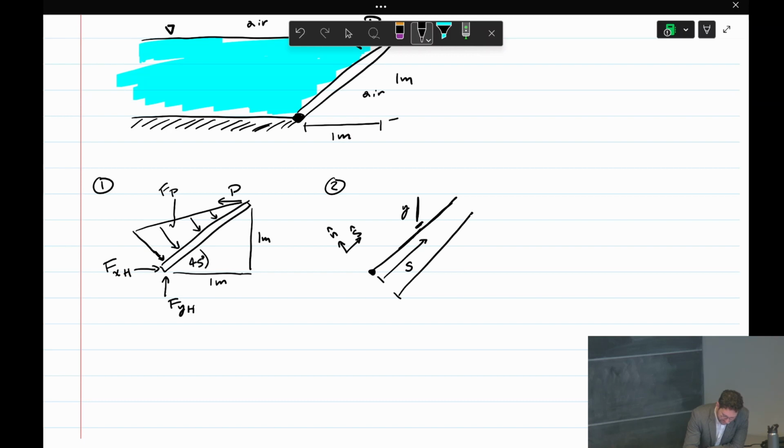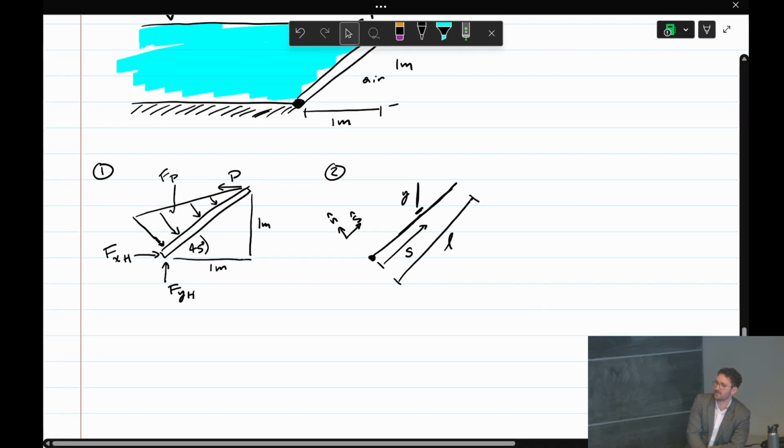The overall length of this will be some length L, which we can compute as just root 2 because we know how long this is. Any questions on the surface coordinate system here?